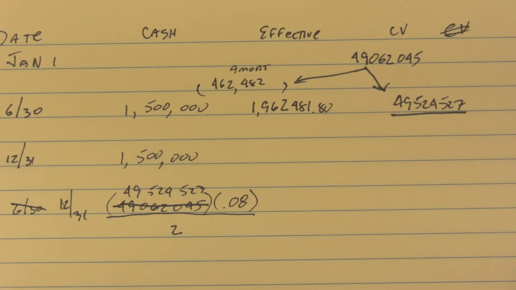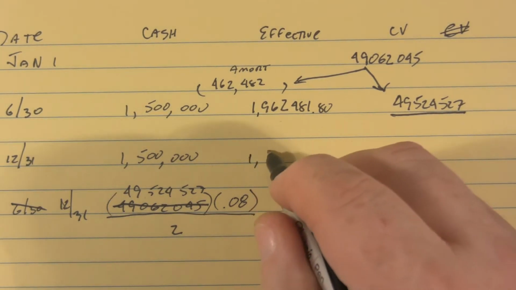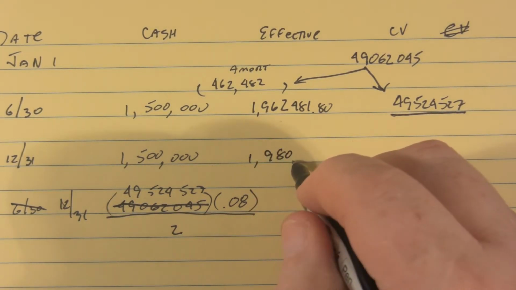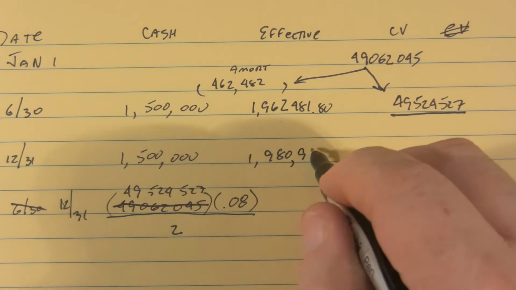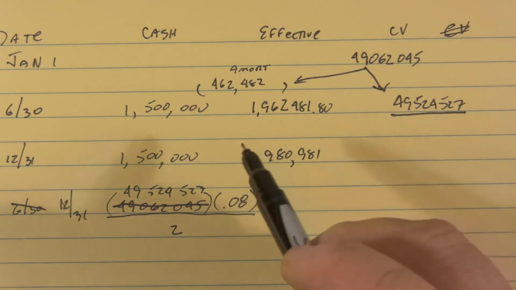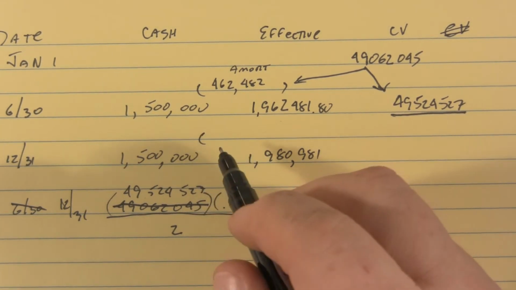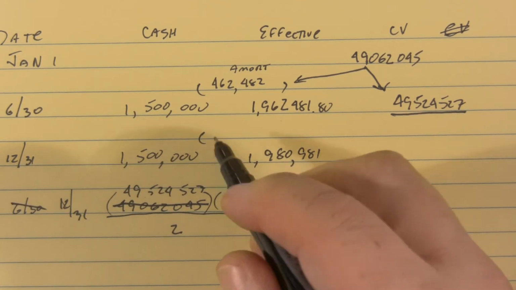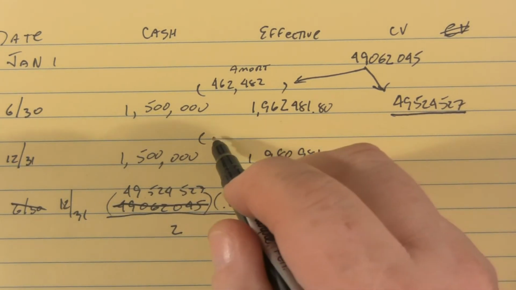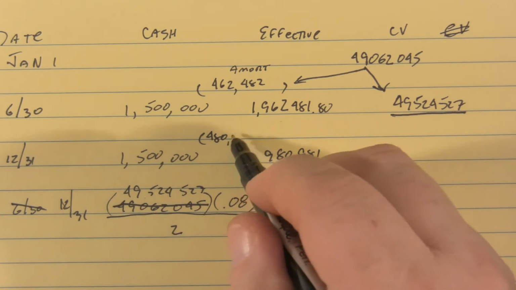When we do that, we find that the effective interest is $1,980,981. Again, the difference between these is the amortized amount, and that's $480,981.